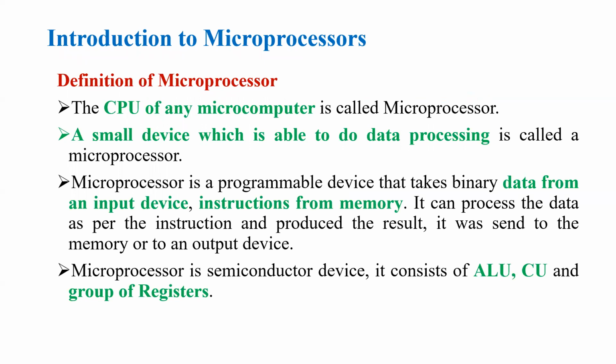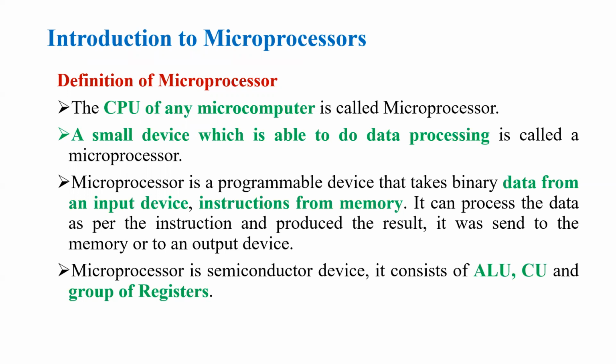Coming to the introduction to microprocessor, what a microprocessor is. We can define microprocessors in different ways. Here I'm going to give some of the definitions for microprocessor. The first definition is: the CPU of any microcomputer is called a microprocessor. Most microprocessor textbooks contain this definition.